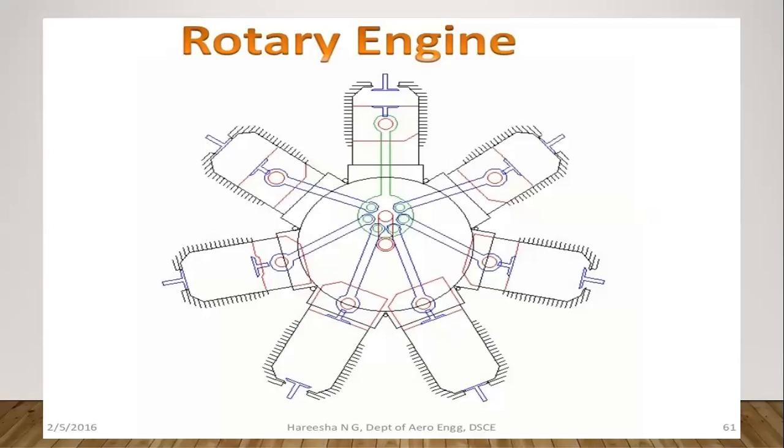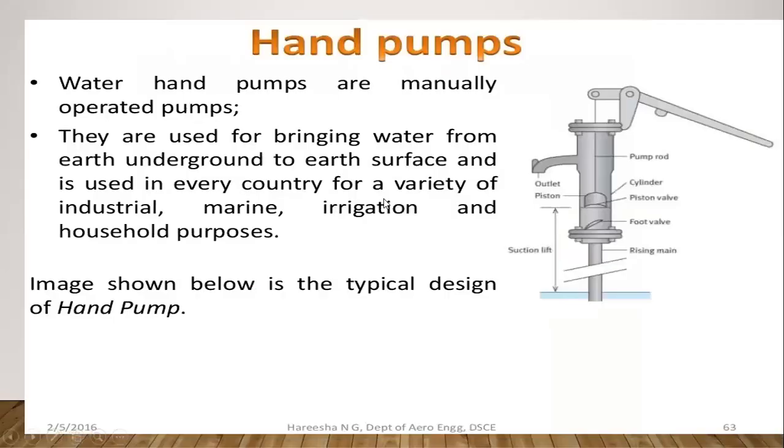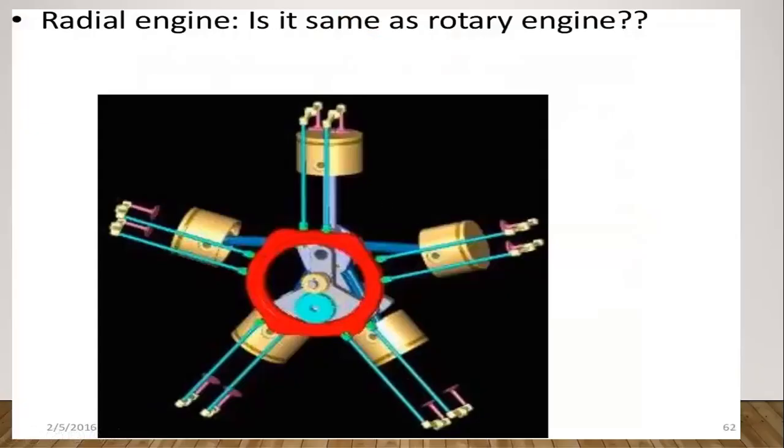So this is the picture of the rotary engine. So these are the 7 cylinders. This is the crank here which is fixed. So this is the 3D view of the rotary internal combustion engine.